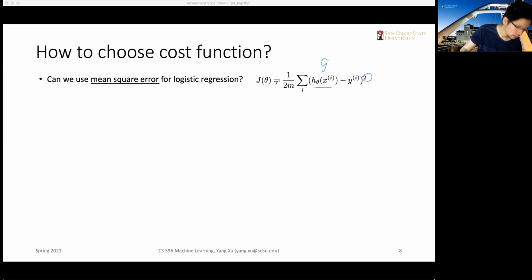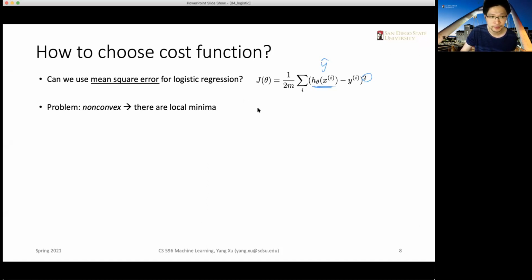Okay, it looks good, but the h theta of x is actually a very complex function, because there is e to the power of something within it. If we use this complex form raised to the power of 2, it will make the whole cost function non-convex, which means there are local minima.